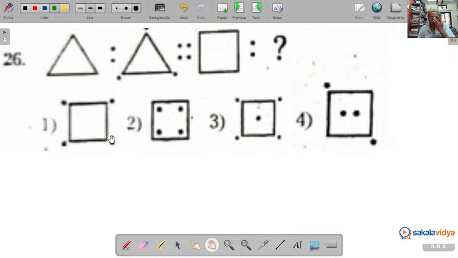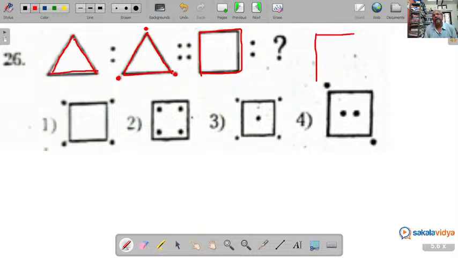So what is the pattern you observe? See, my dear students, actually this is a triangle, right? So this is also a triangle. After that, for each vertex, 3 dots were placed at the ends of the 3 vertices. This is a square.